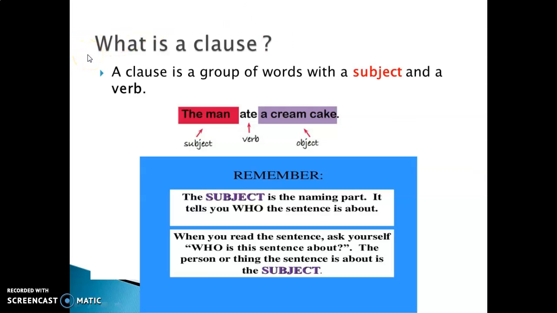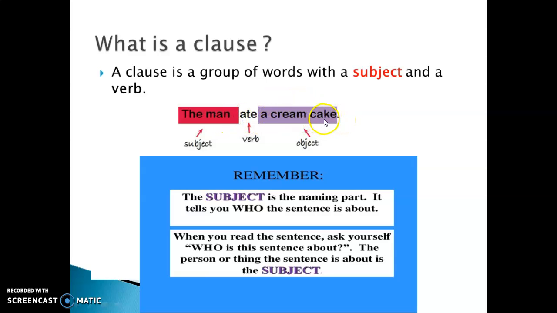What is a clause? A clause is a group of words with a subject and a verb. For example, the man ate a cream cake. These are many words together. It's a group of words. But if you can read it nicely, you can say, the man ate a cream cake.